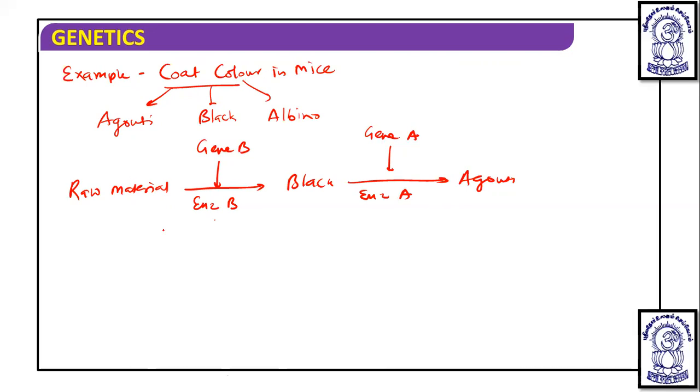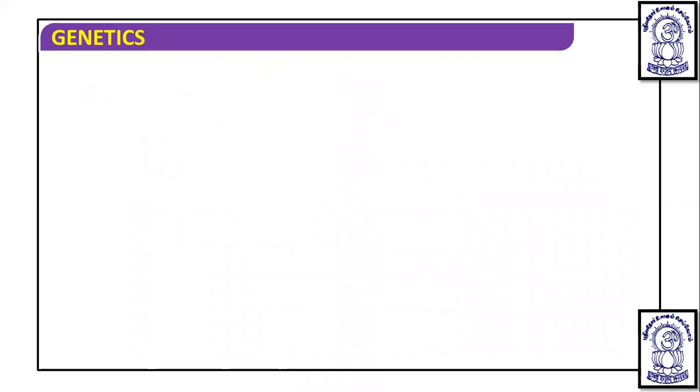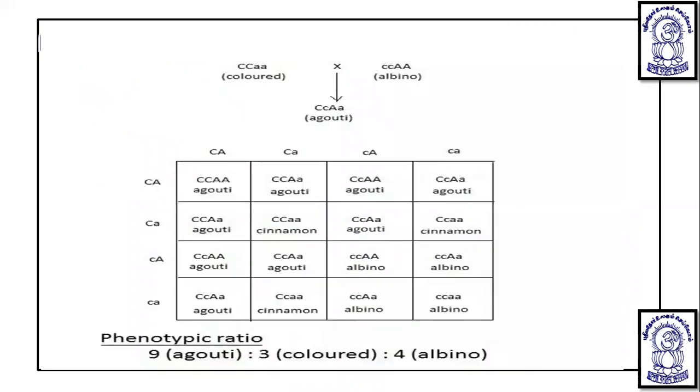Okay, and if we make a cross here, to understand this, let's see the cross. Here you can see this is a cross which is explaining the recessive epistasis. See, here the colored phenotype, and albino and agouti will be obtained. Colored occurs when C is in its dominant form.